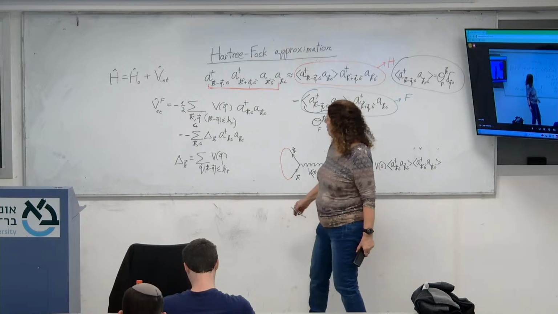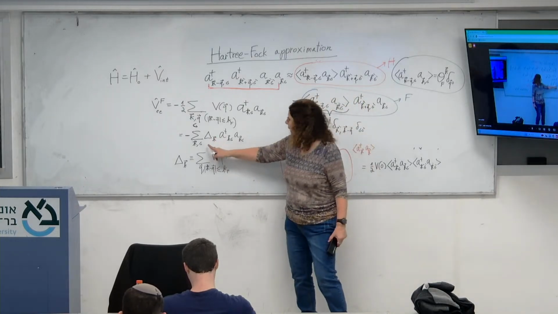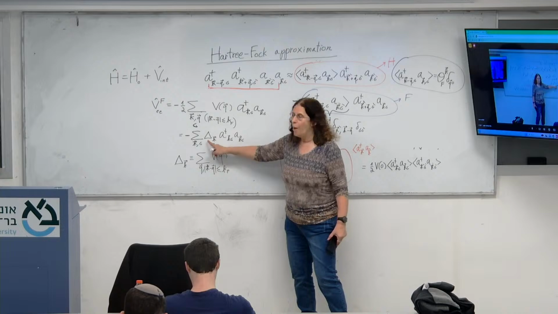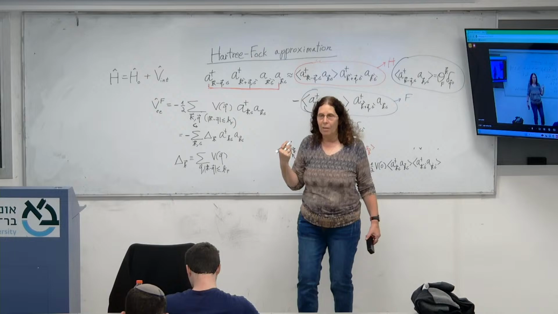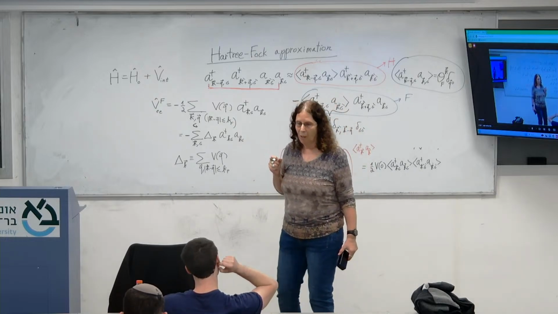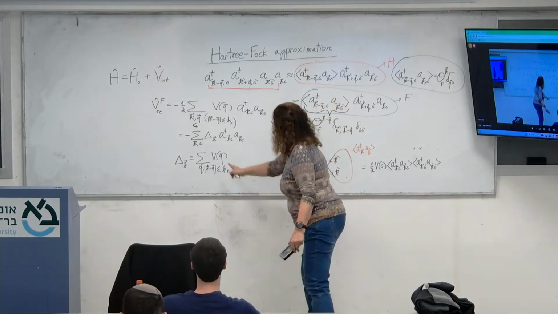Okay? That's what it is, and this delta is positive, so I'm getting a negative correction to my single particle kinetic energy estimate, which comes from the interaction.